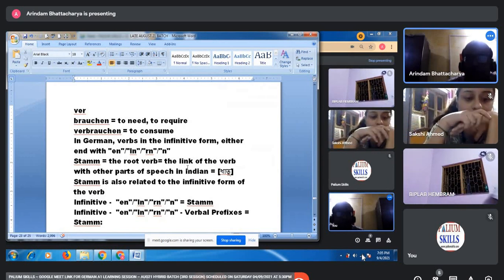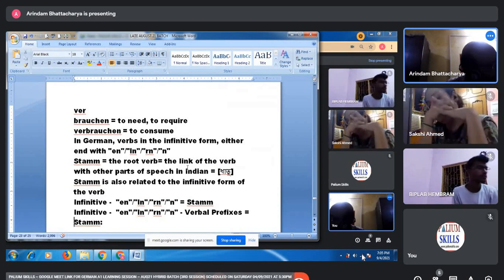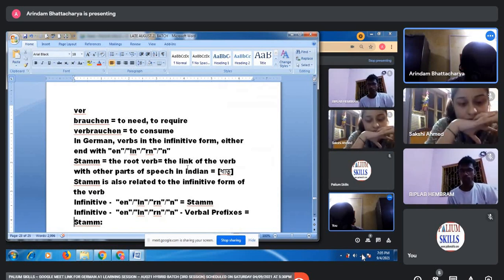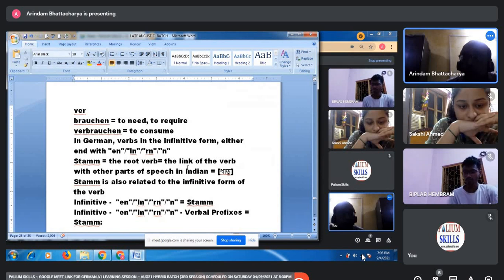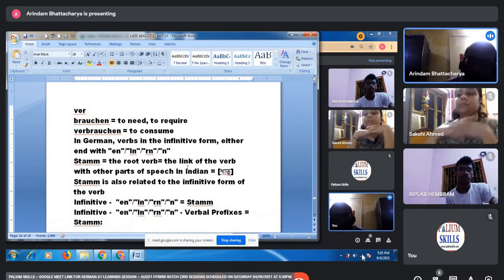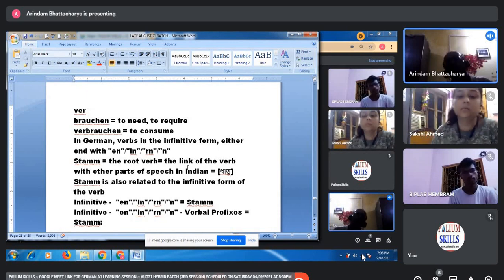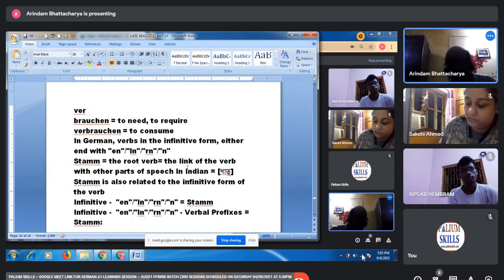Similarly, the word kriya itself comes from that particular word, to do, crew. So we find that all these things are interrelated.